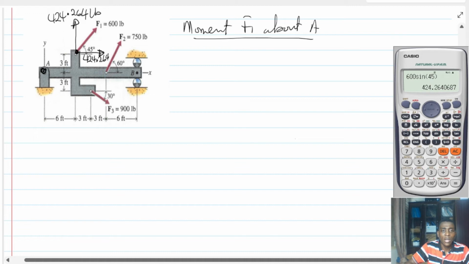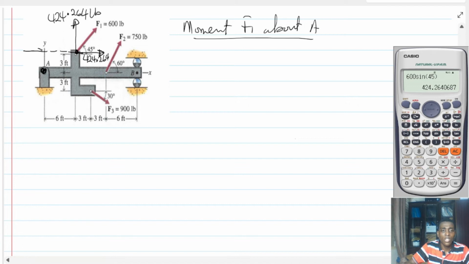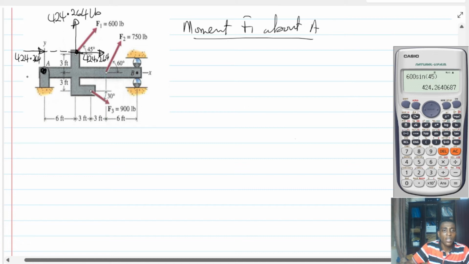I want to find the moment about point A, so I will try and trace the line of action of this force. By the principle of transmissibility, I can even bring the 424.264 here. Then I just have to multiply this by a perpendicular distance to meet this line, and that is the 3.